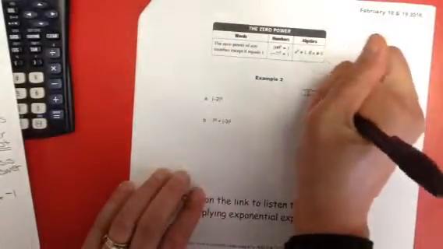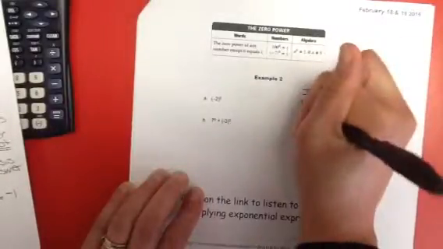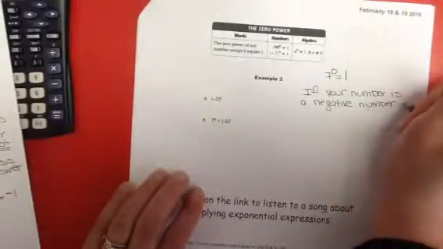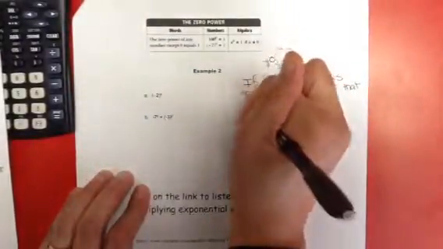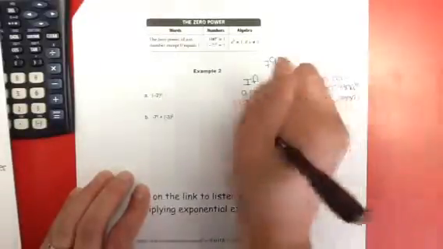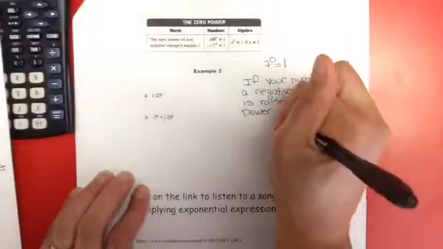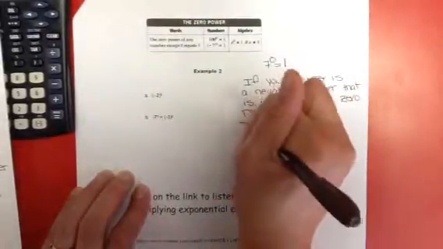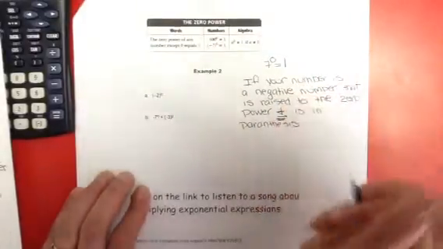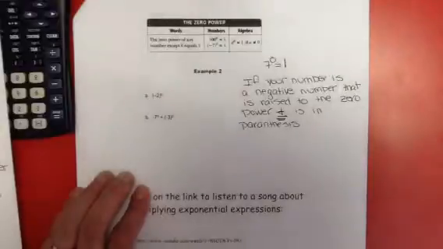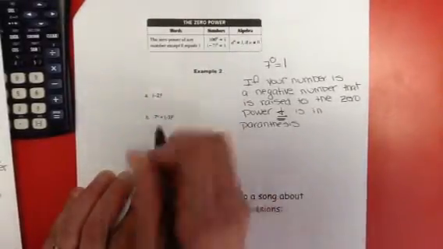Now, it is a trick. If your number is a negative number that is raised to the 0 power and is in parentheses, so for example, like number 2, it has negative 2 but it's in parentheses, it is raised to the 0 power.